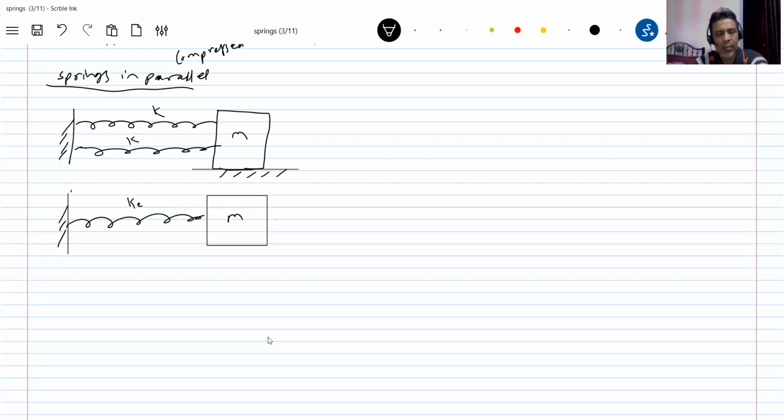K equivalent, I'll call it. What will be the effective spring constant? So this is K1, this is K2, this is K. Now the method is, I'll displace this block. When I displace it, okay, that's one.